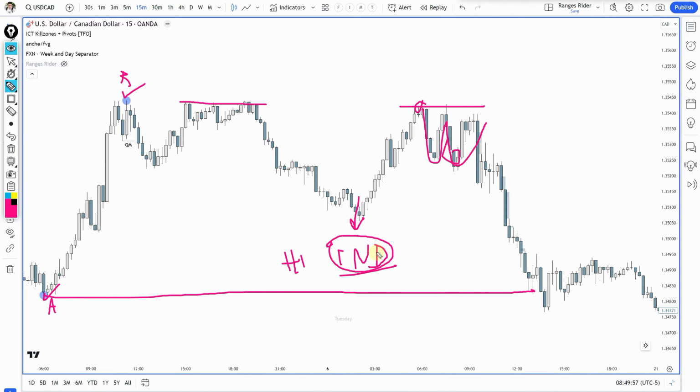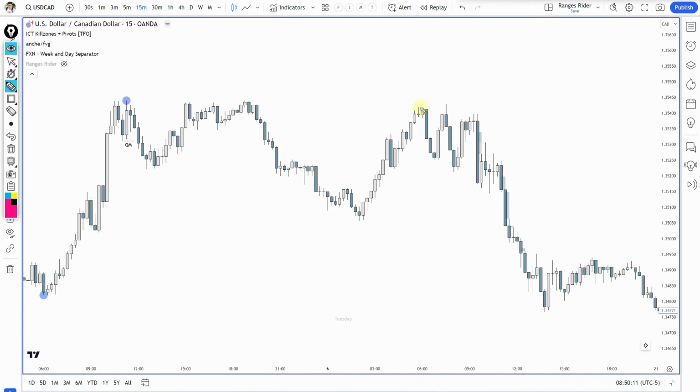Later we will talk about the inducement topic. I will say H1 QM. Okay, so we are bearish from the 15-minute time frame to where? To the H1 QM, and we will check every bearish range, whatever bearish range we find. From here to here you find, from here to here you find. It doesn't matter. It all depends on the ranges and how you play, because this is not the topic. I'm not going to explain the ranges here, but in some other video.